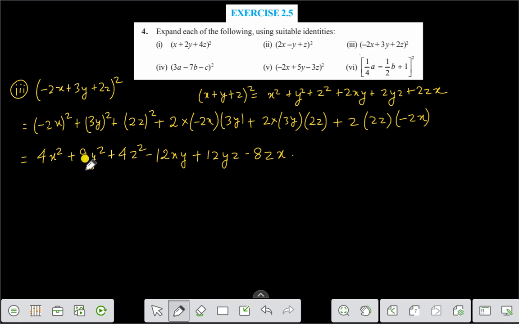The answer is 4x square plus 9y square plus 4z square minus 12xy plus 12yz minus 8zx. The answer of question number 3.